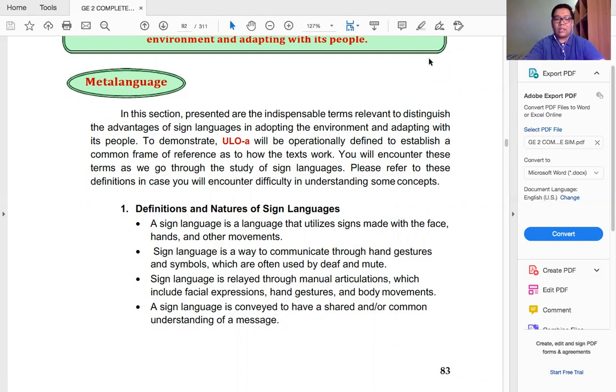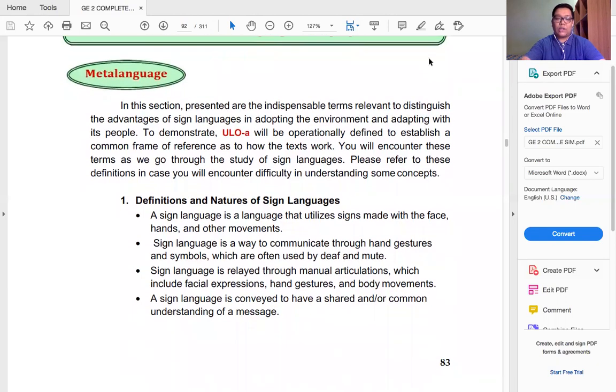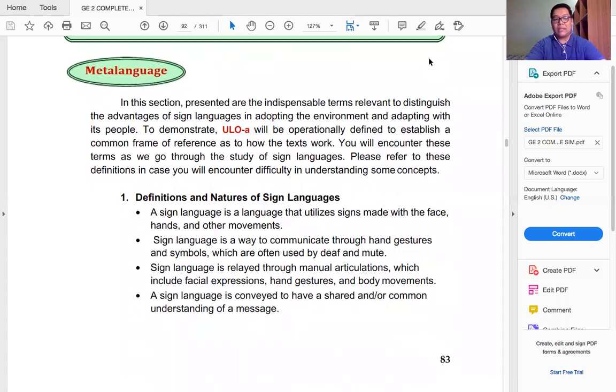Now, in this context, we are talking about sign languages, which is a language that basically makes use of different signs or semiotic symbols, which portray messages through the use of face, hands, and other bodily movements.